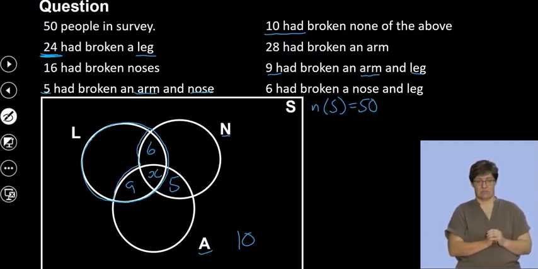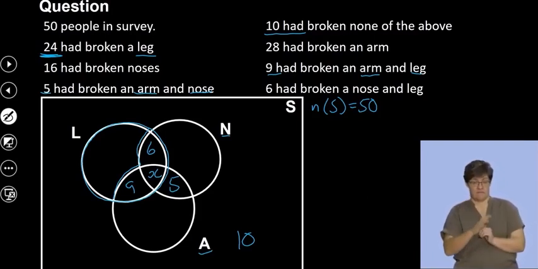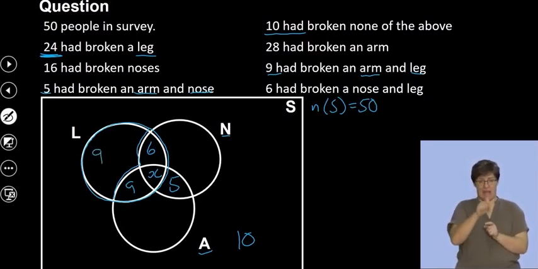We have got to recognize all of this adds to 24. But notice that 15 have already been accounted for. So if we take 24 minus 15, that will give us 9 left over. But we've also got to take away the X. So I'm going to say that's 9 minus X for the leg.